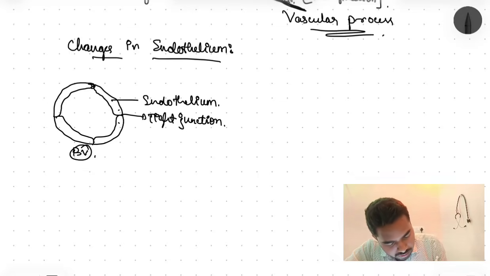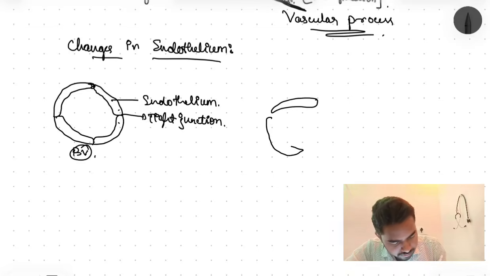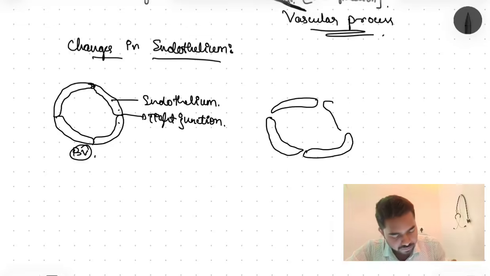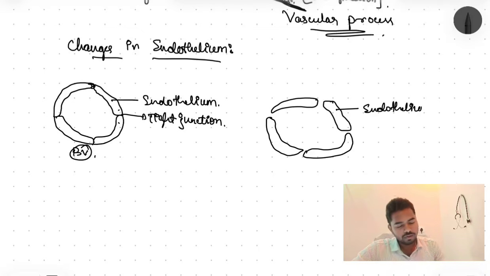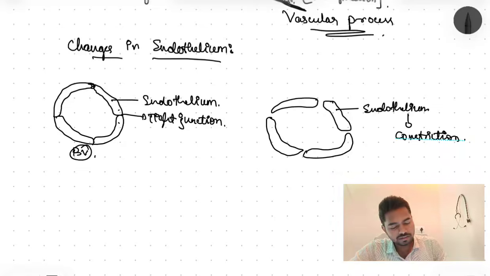Now what happens? This endothelium undergoes constriction. This constriction gives a gap.